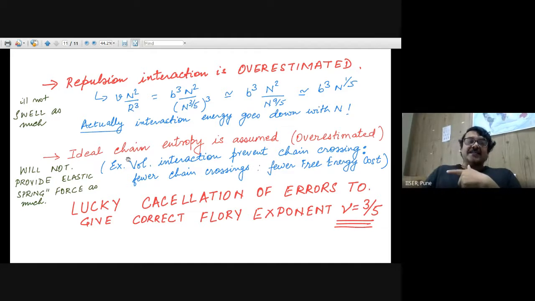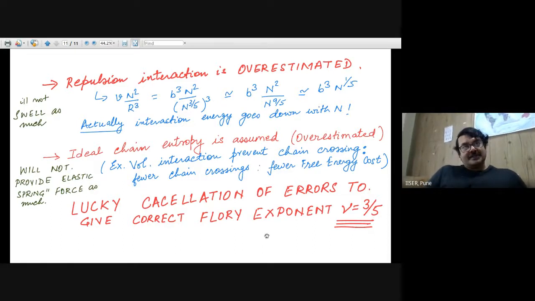So that we got the correct exponent of 3/5 is due to a lucky cancellation of errors. Much more detailed calculations also give mu equal to 3/5, but such a simple mean field Flory theory gave the right exponent due to a lucky cancellation of errors.